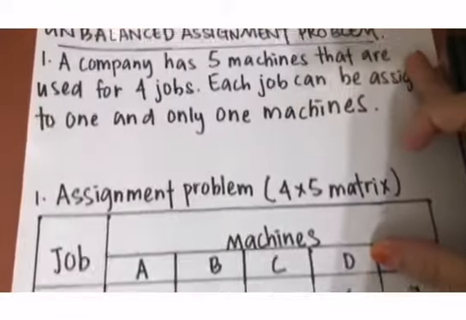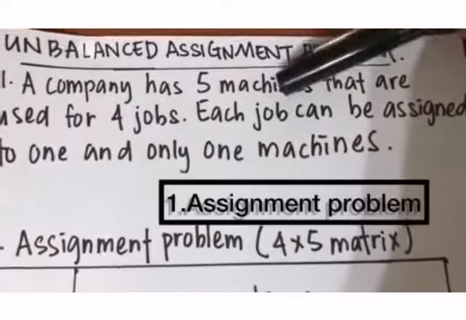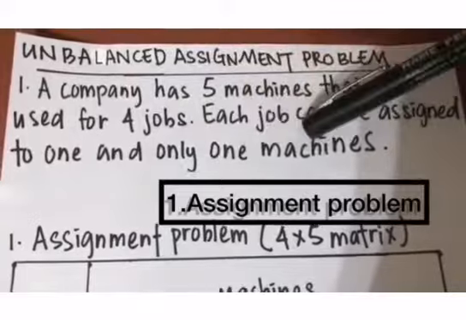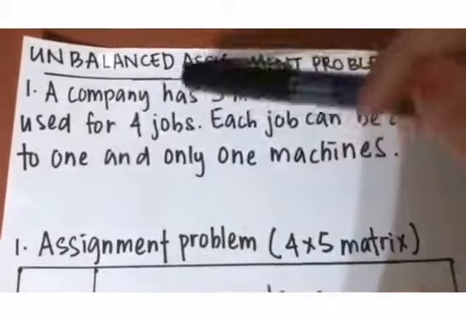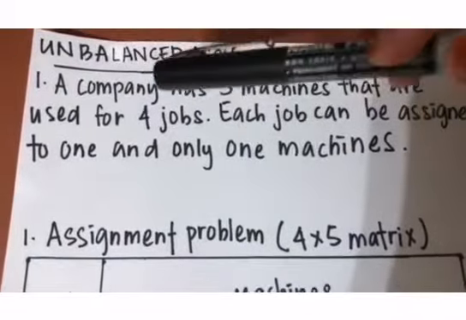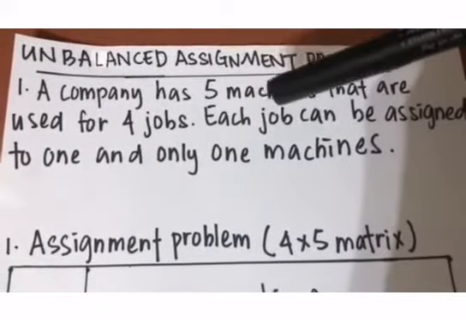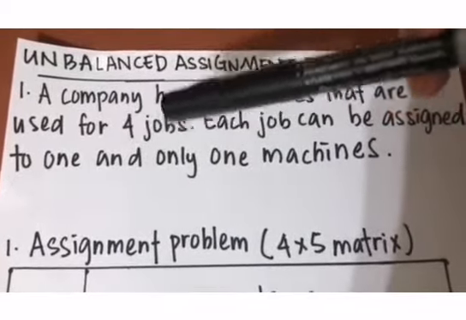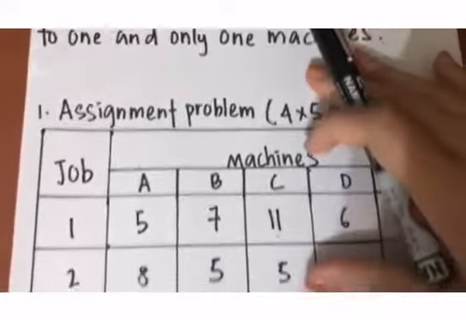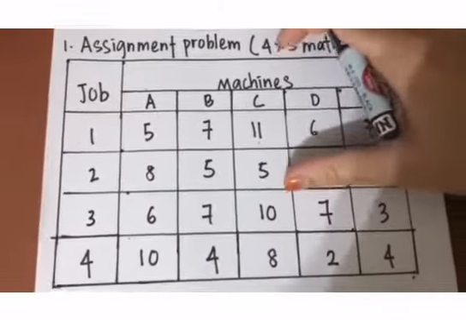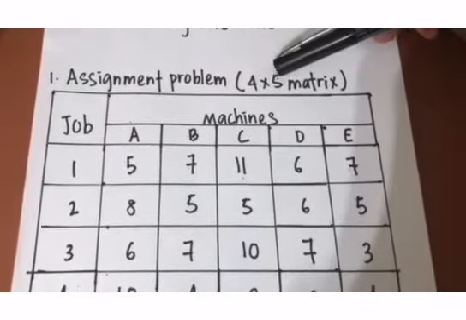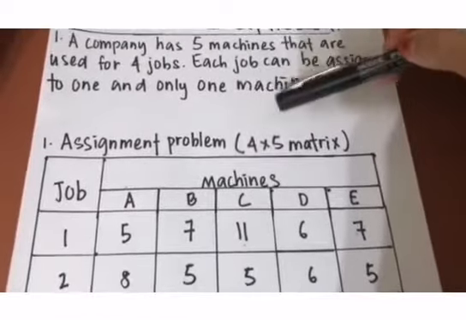Now I'll go through the unbalanced assignment problem. The question is, a company has 5 machines that are used for 4 jobs. Each job can be assigned to one and only one machine. This is the table of the assignment problem, a 4 by 5 matrix based on the question.